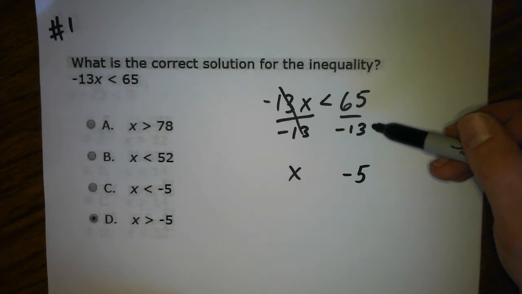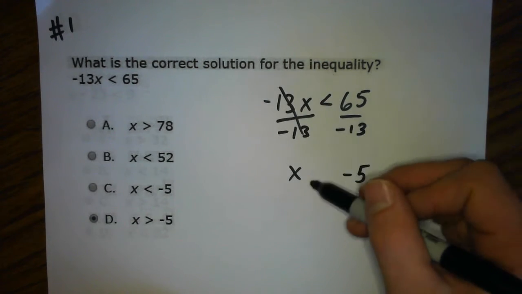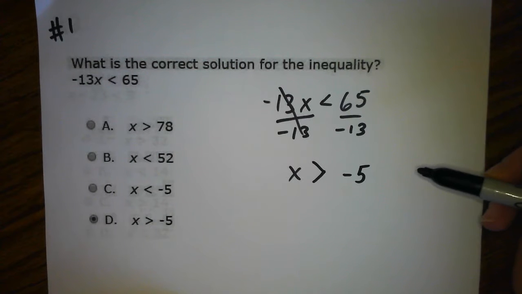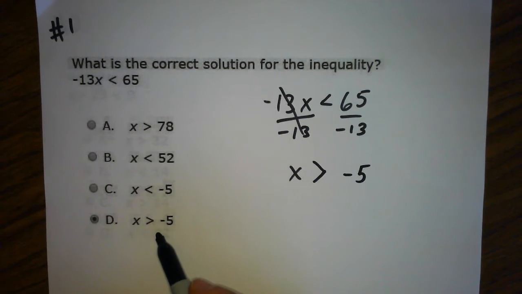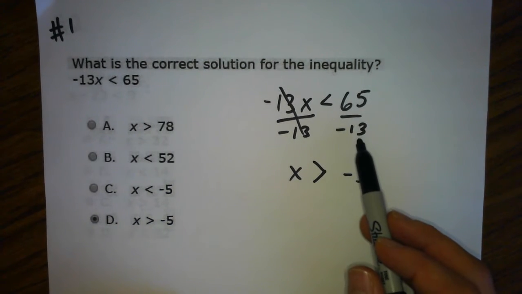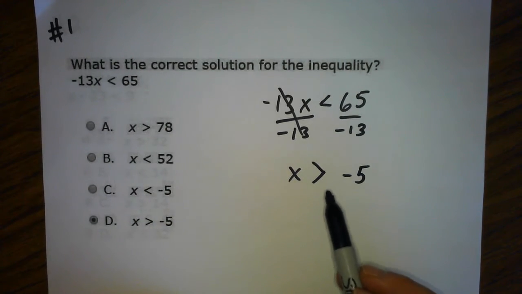If I divide or multiply by a negative when I'm doing these inequality problems, I must flip the symbol. So instead of x being less than, x is going to be greater than negative 5. So that's my answer, D. You had to perform that one step, which in this case was to divide by negative 13. Since you divided by a negative, you had to flip the symbol.